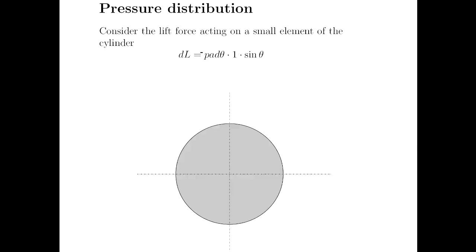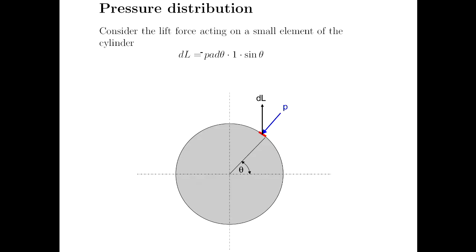Okay, so consider the lift force acting on a small element on the cylinder. That small lift dL, which is acting on a small surface there, is just going to be equal to negative P, negative because pressure is in a downward direction, times a d theta times 1.